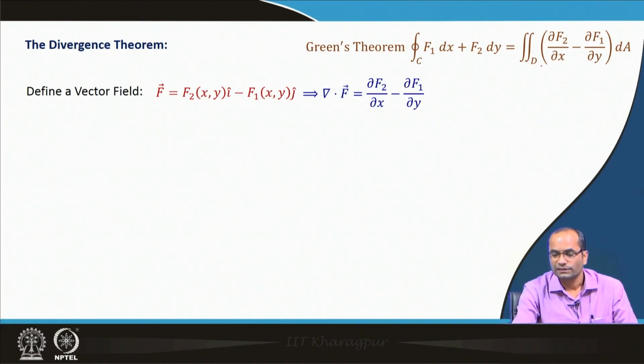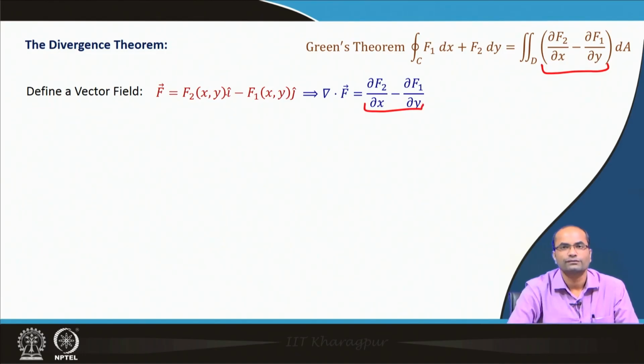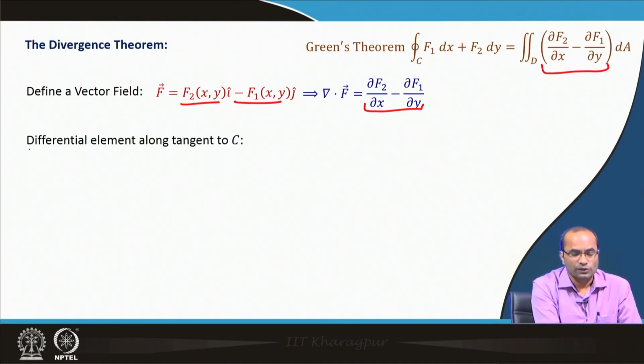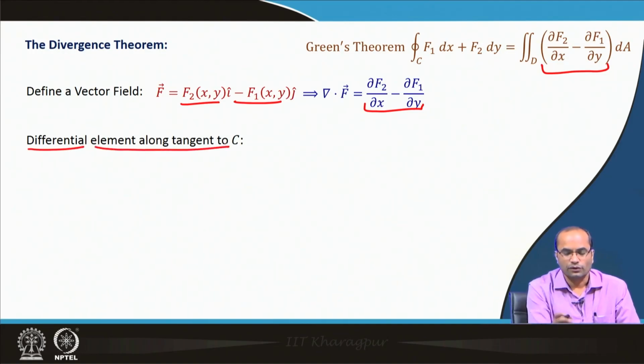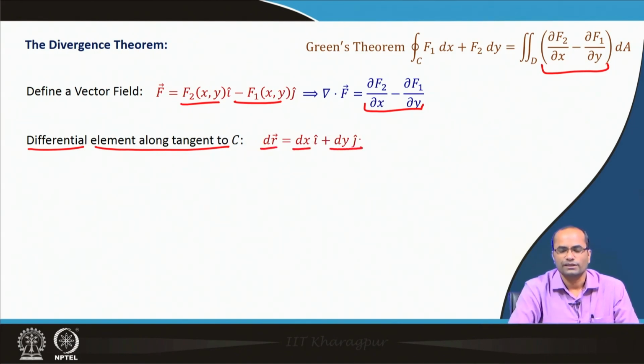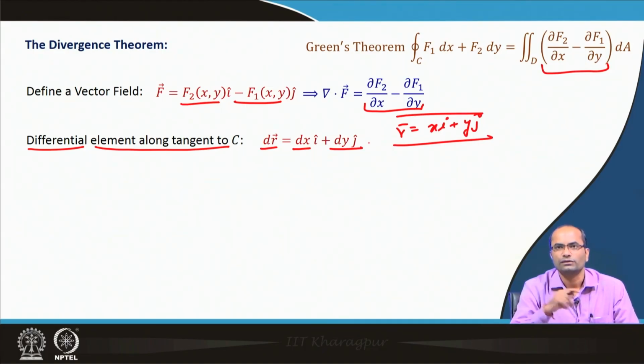which is precisely the integrand of this area integral, and that is the reason we have chosen this form for the vector field F. From the knowledge we gained in the previous lecture, the differential element along the tangent, that is dr, the derivative of r, is dx i plus dy j, because r is usually x i plus y j. So, the differential element on the tangent is dx as the first component and dy as the second.